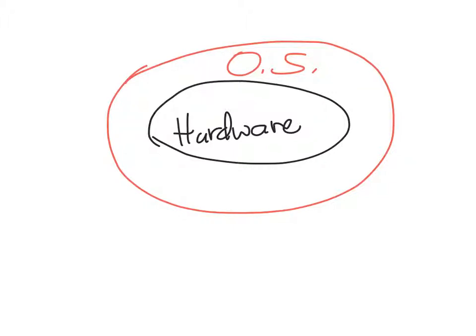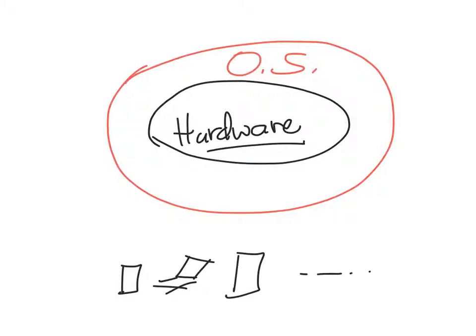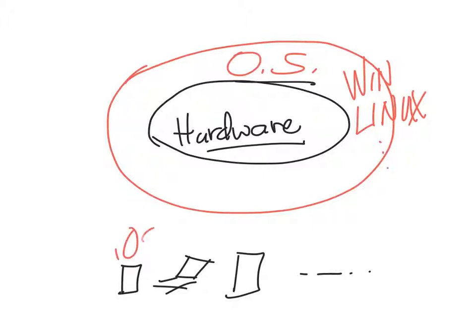It doesn't make a difference if your hardware is a smartphone, a laptop, a desktop, whatever device it is. The hardware, you have to have an OS to communicate with it. And we went over some of those OSs, right? Between Windows and Linux and so forth.